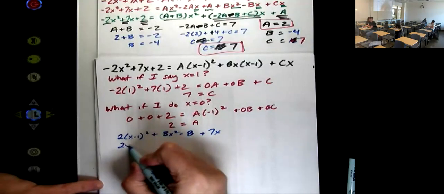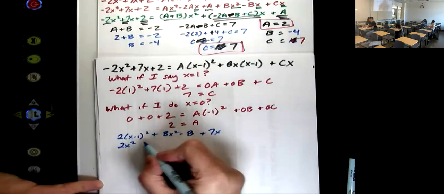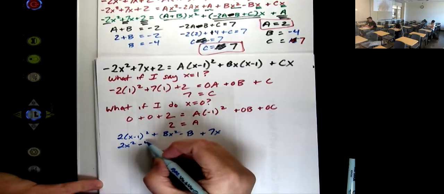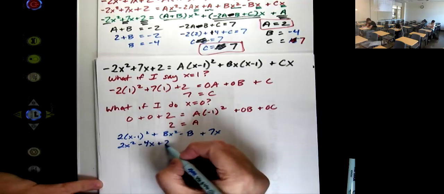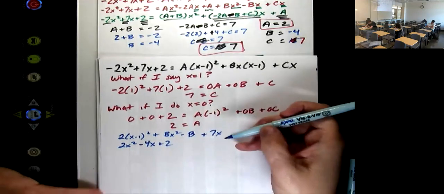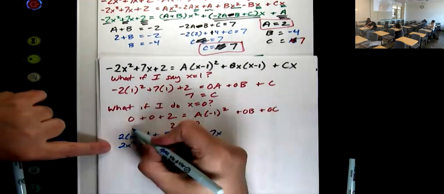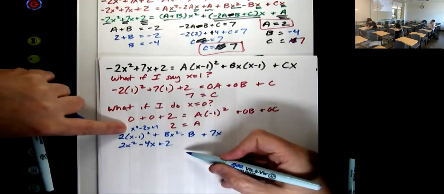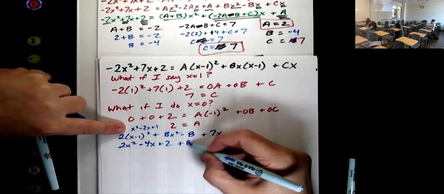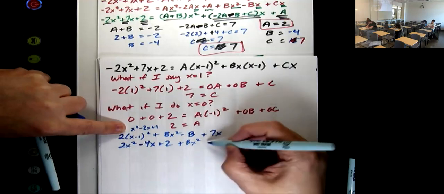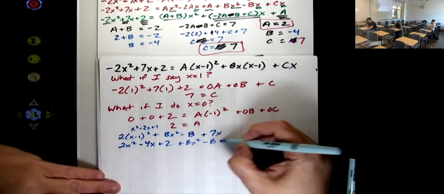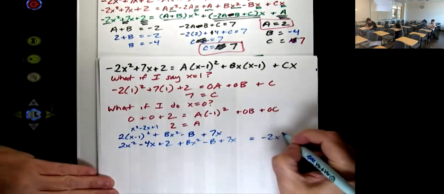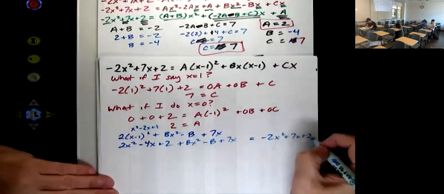So 2x squared minus 4x plus 2. This is x squared minus 2x plus 1, and then I'm doubling it, plus bx squared minus b plus 7x equals the -2x squared plus 7x plus 2.